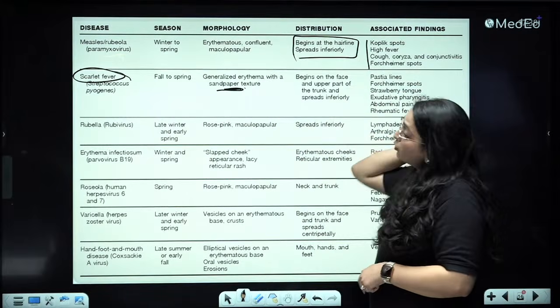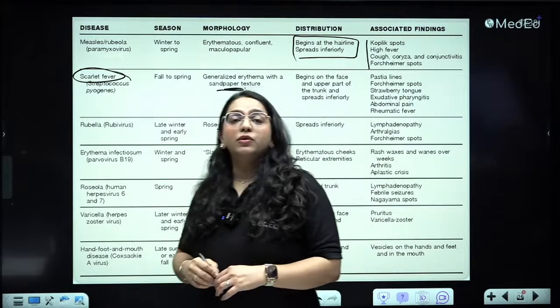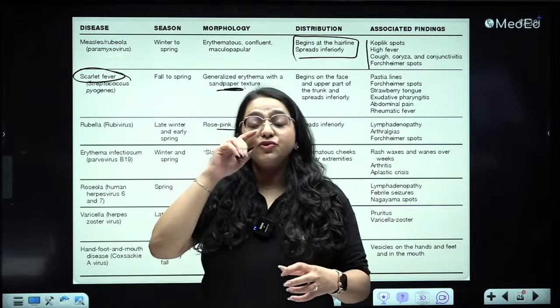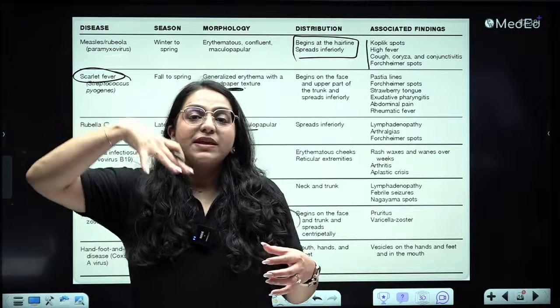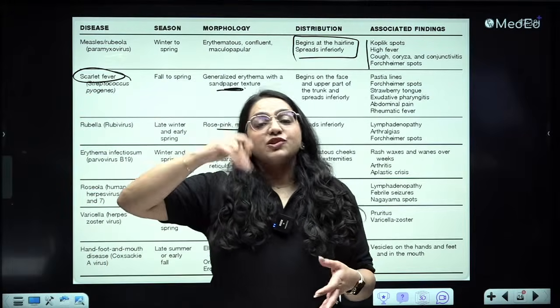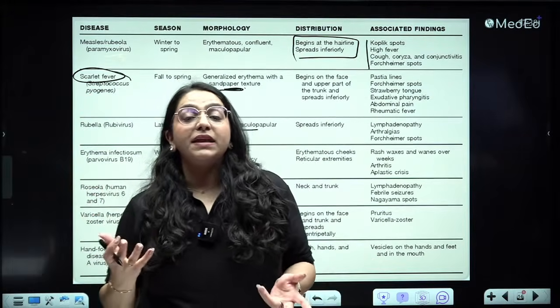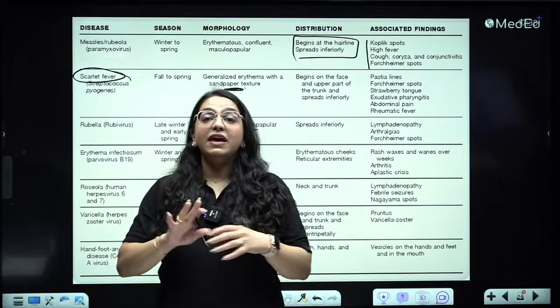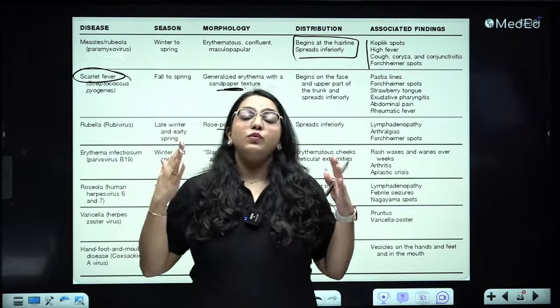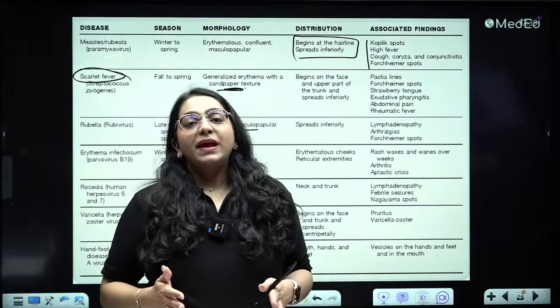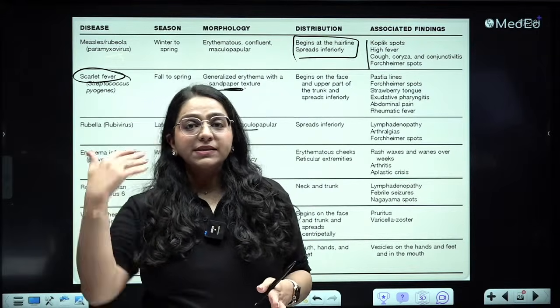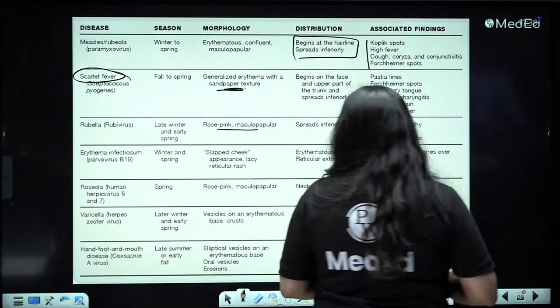Then with rubella, there are also rose pink macular rashes. But what happens in rubella is, as the rash is progressing forward, the previous lesions start disappearing. What was happening in our child? Rash was present everywhere. It was present on the back of the neck. It was still present on the trunk. But in rubella, as it moves downwards, the upper clearing is going to start.